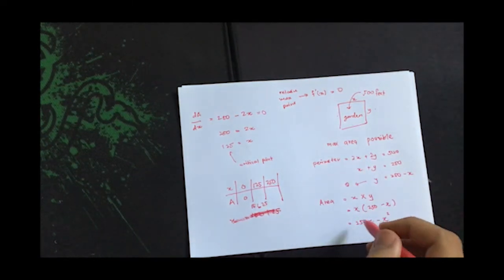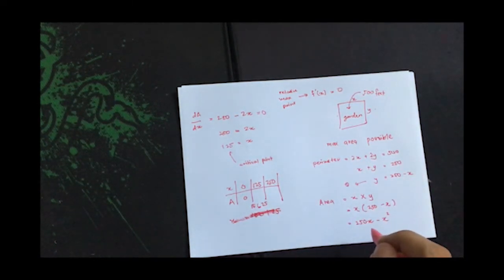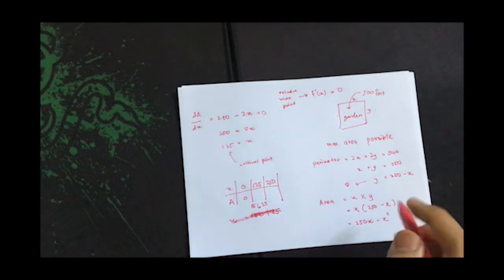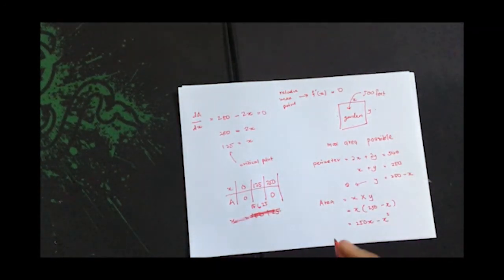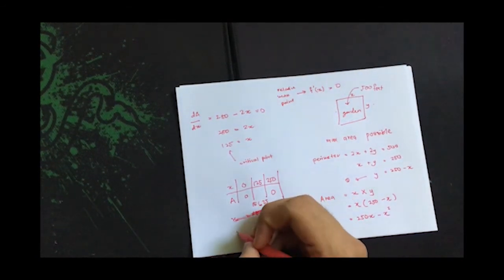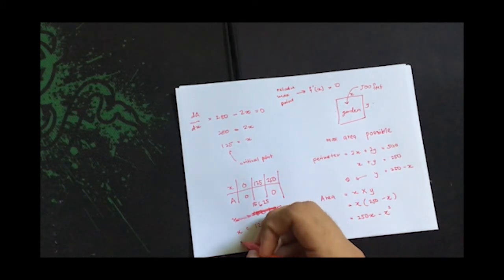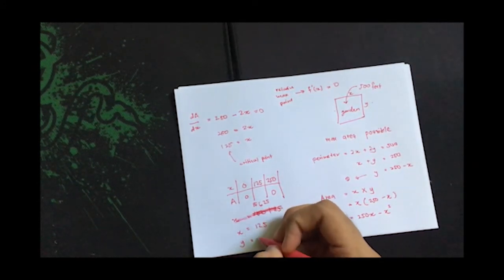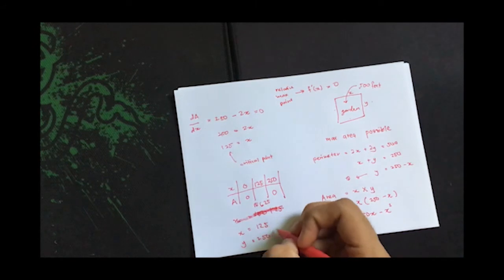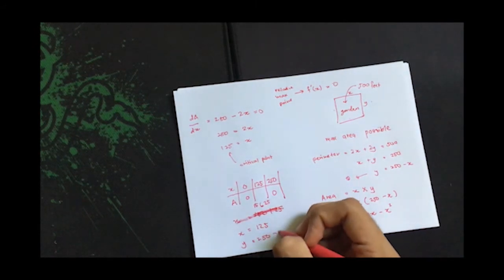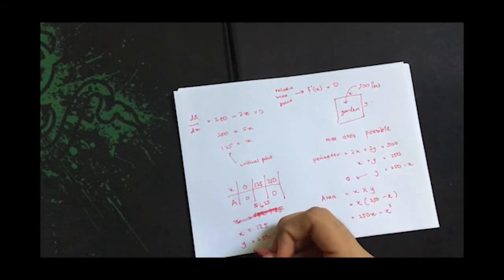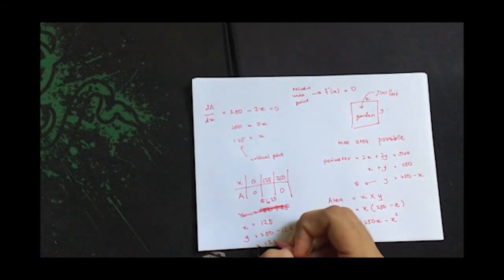It's going to be 250 multiplied by 250 minus 250 power of 2, so it's going to be 0. And as you can know, x equal to 125, y equal to 250 minus 125, so it's going to be 125.